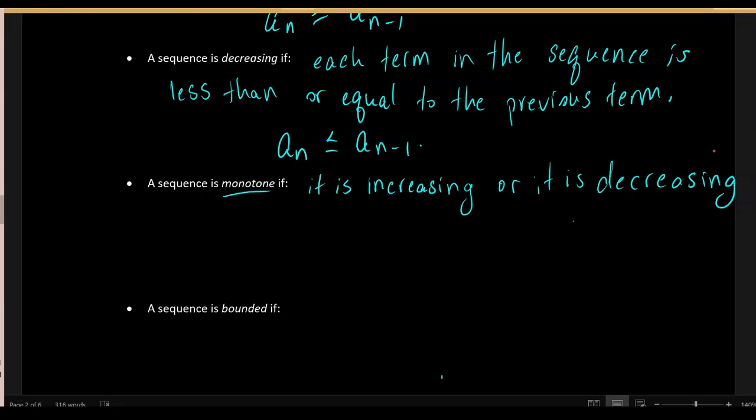Now the last bit of terminology that we're going to need in order to state and apply the monotone convergence theorem is the word bounded. A sequence is bounded if all the terms in the sequence have values between some two fixed extreme numbers.